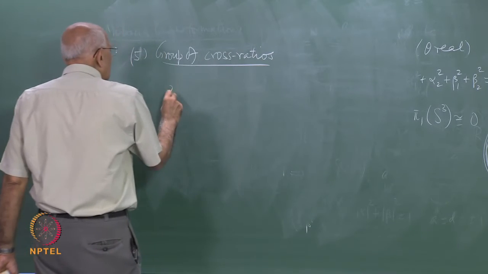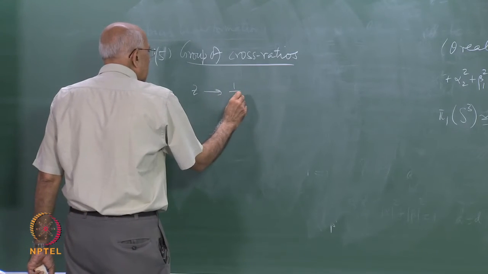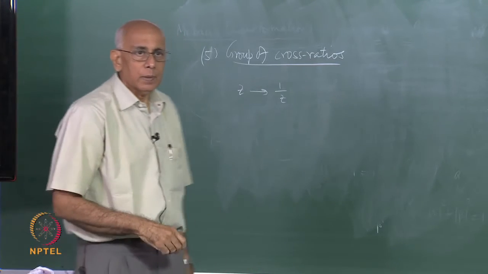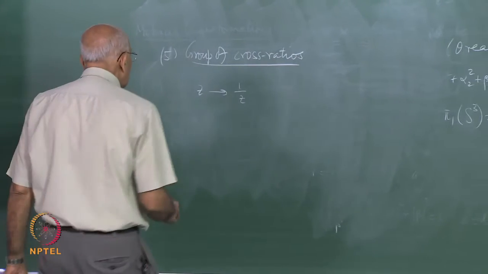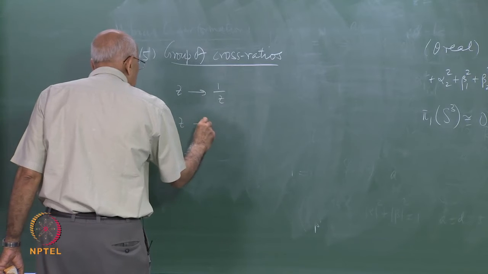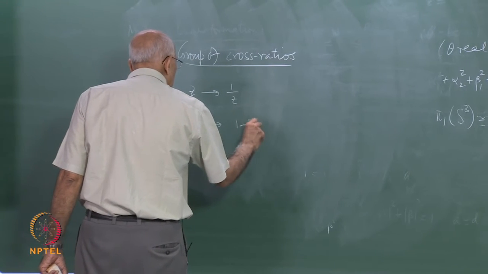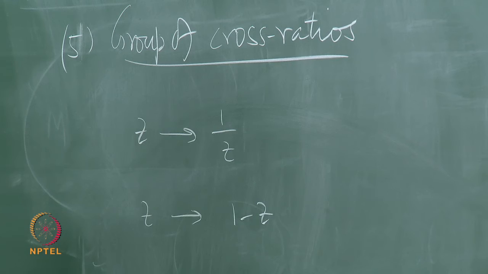Which is the following. Suppose z goes to 1 over z. That is an inversion, right? z goes to 1 minus z. What kind of transformation is this?